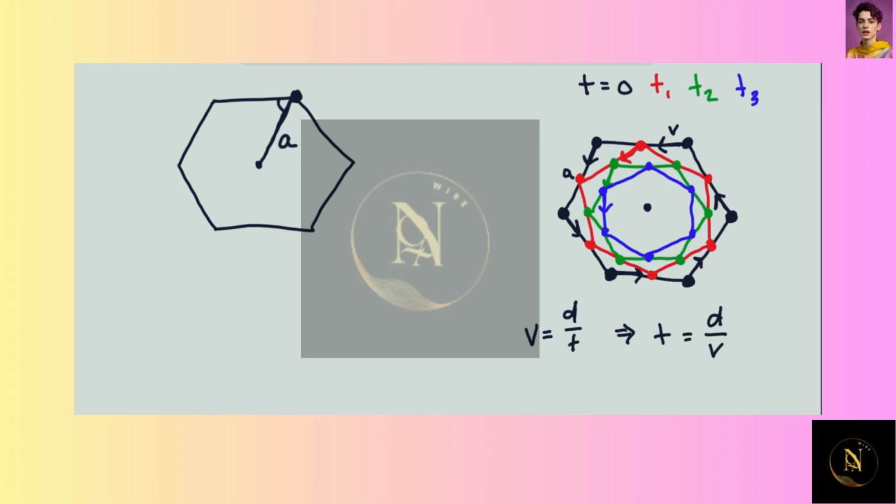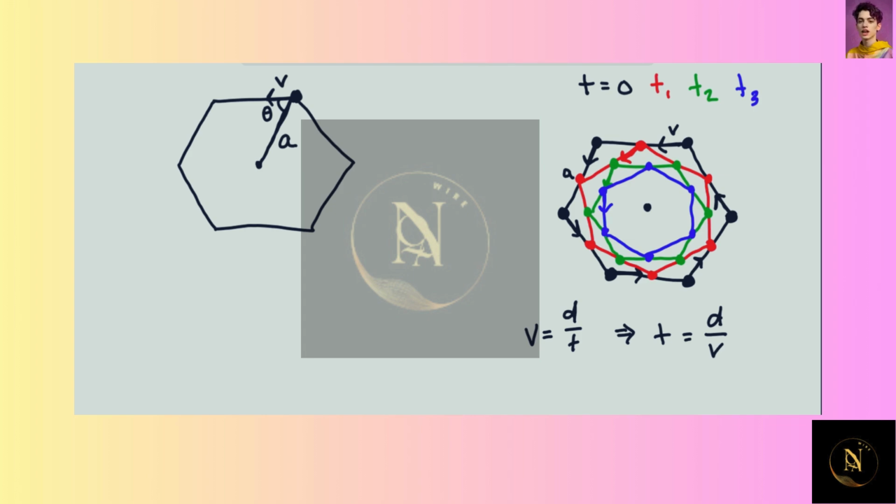We also want to consider this angle theta here between the speed v of the particle and the length or distance that it travels A. And again, for a regular hexagon, each of the angles in the hexagon is 120 degrees.